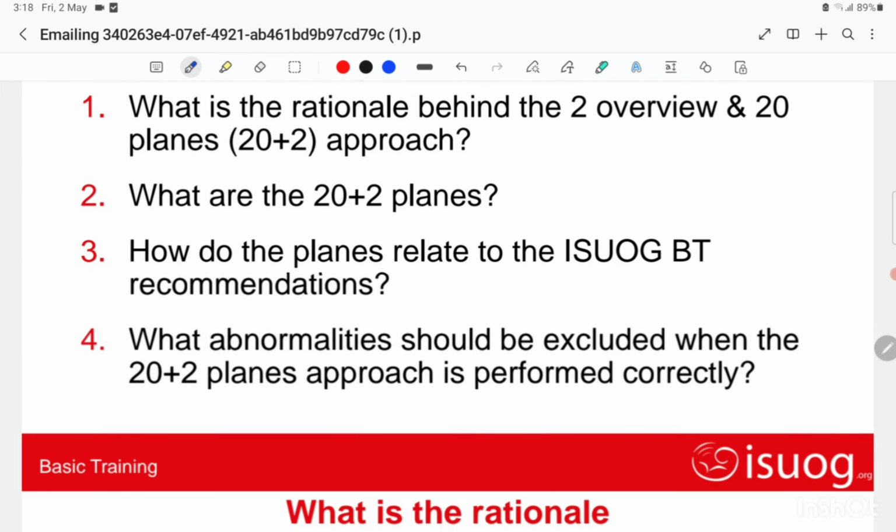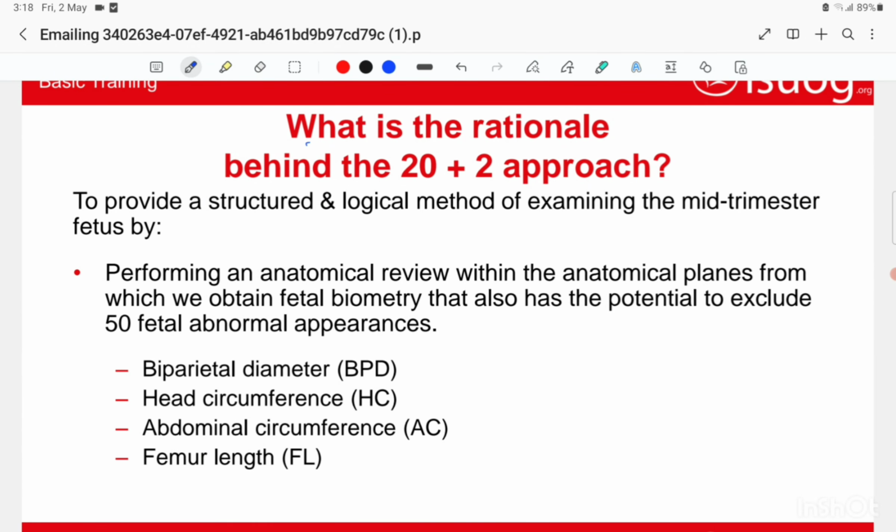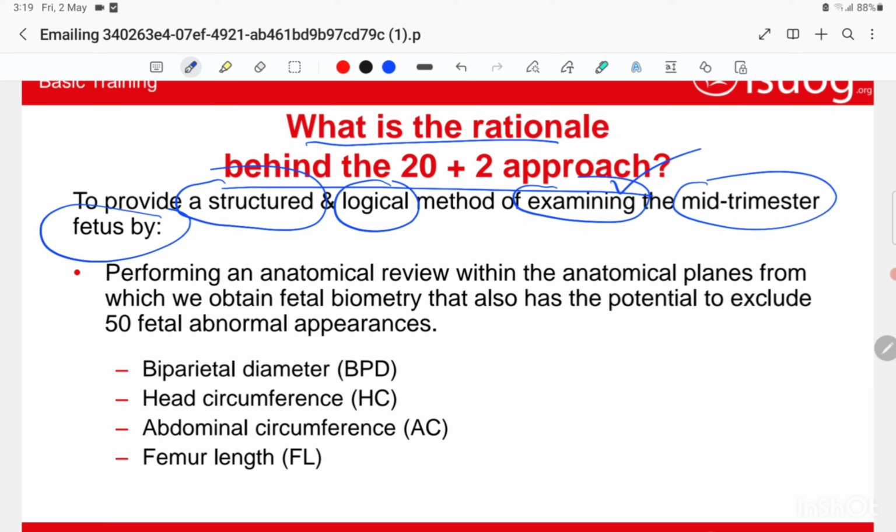So basically, what is the rationale behind it, what are the 20 plus 2 planes, and what are the planes related to the ISUOG basic training recommendations? We'll discuss all these things. The rationale behind this 20 plus 2 approach is to provide a structured and logical method of examining the mid trimester fetus by performing an anatomical review with the anatomical planes from which we obtain fetal biometry.